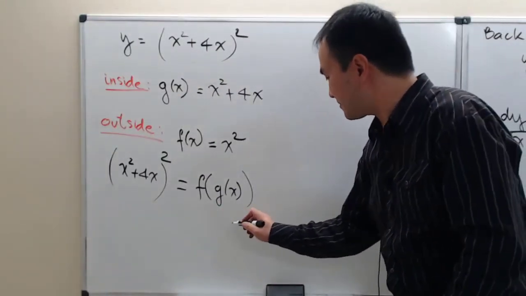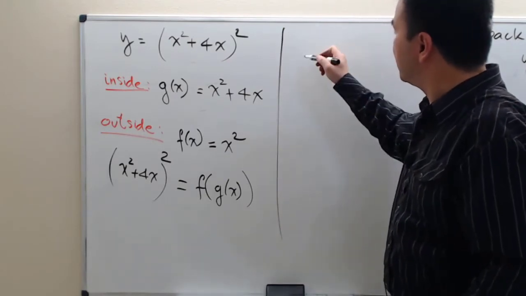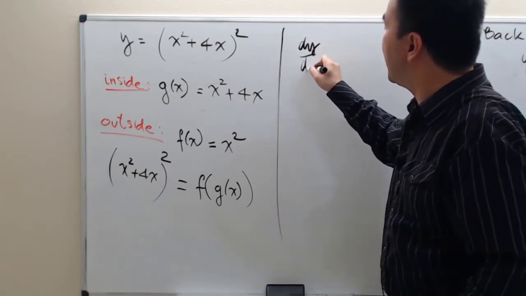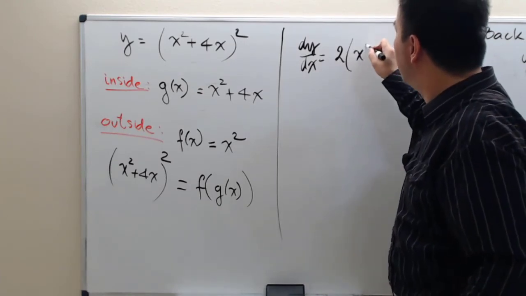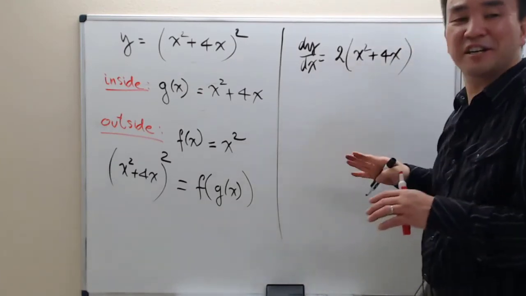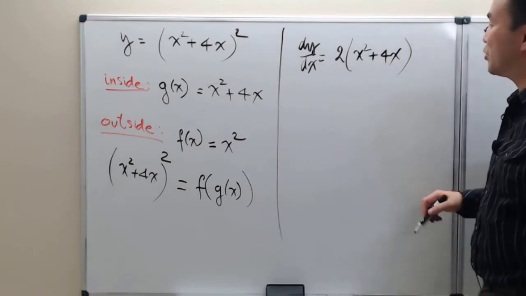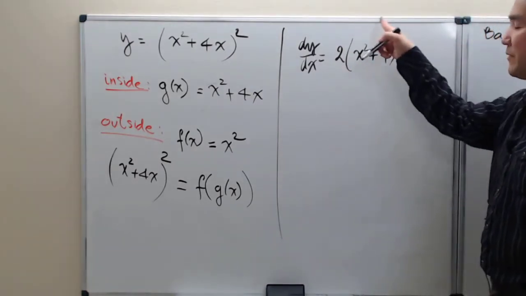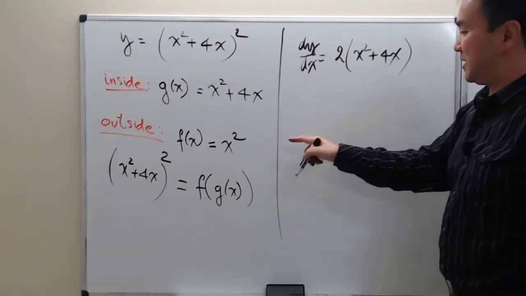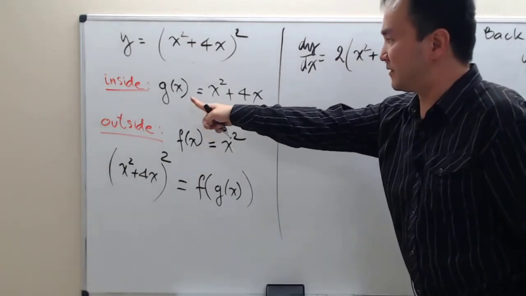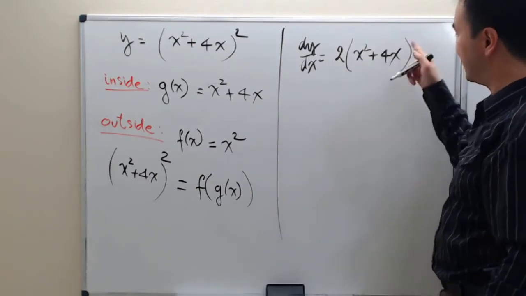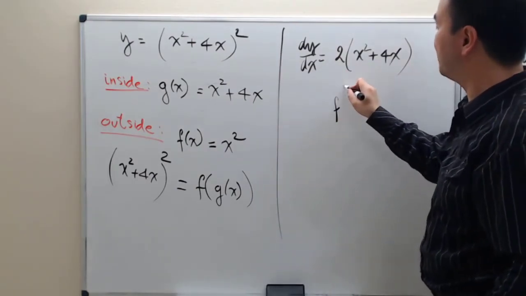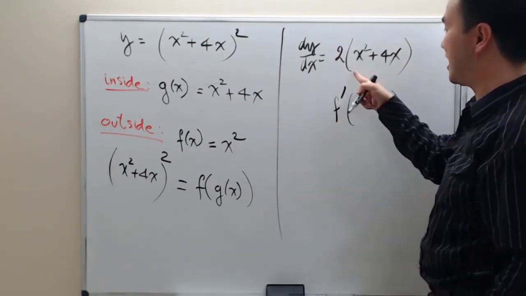Okay, but in that way, here's how we found it. Our final dy dx that we found was 2 times x squared plus 4x. Gosh, how many times have I repeated this, the final derivative? But this is the derivative of the outside. In the understanding of g and f being composed together, what I see here is that this is the derivative of the outside function, f prime.